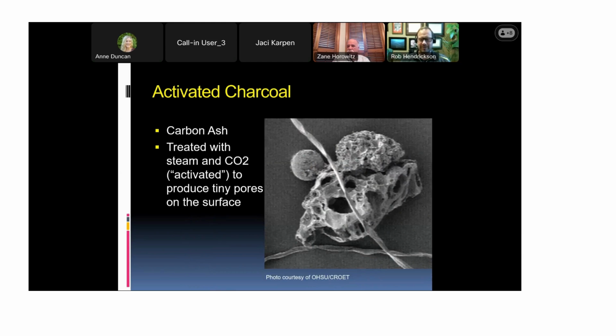They then take the carbon ash and they treat it with carbon dioxide to activate it, which means that it produces these pores. This is an electron micrograph of one particle of charcoal, and you can see it has these huge crevasses in here and is very, very porous.